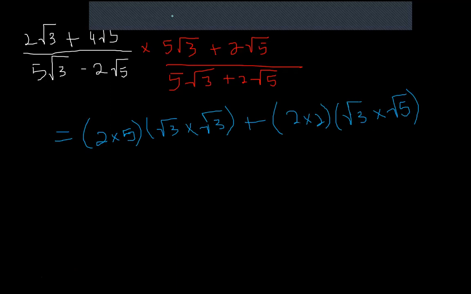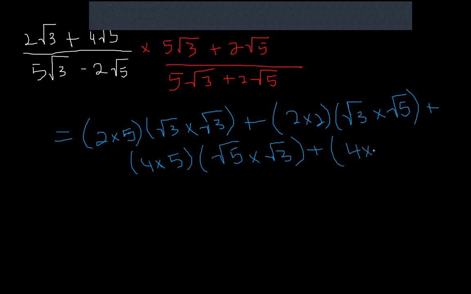Yeah? We're just expanding this expression multiplied by this expression. And this is what we got when we did that. Then it's 4 times 5 root 5 times root 3. Last one, 4 times 2 root 5 times root 5.